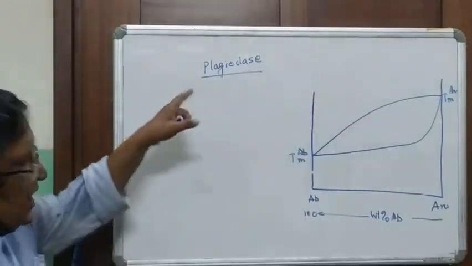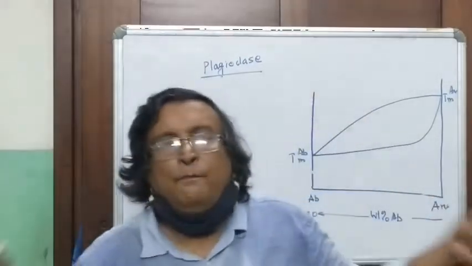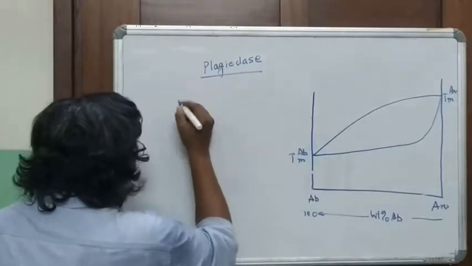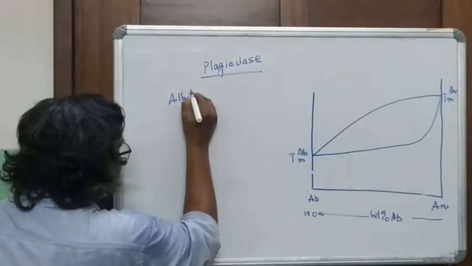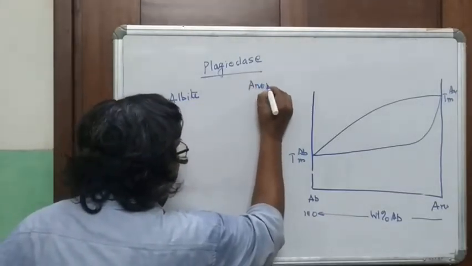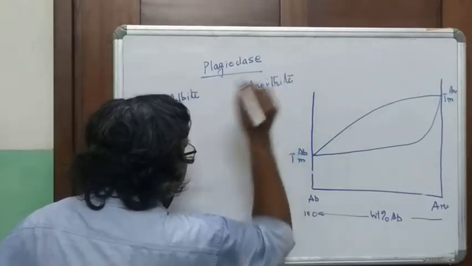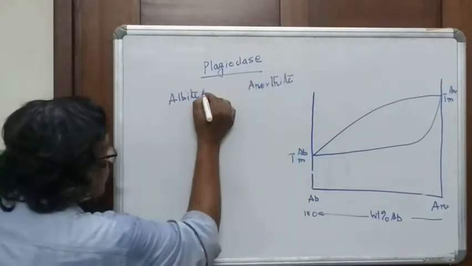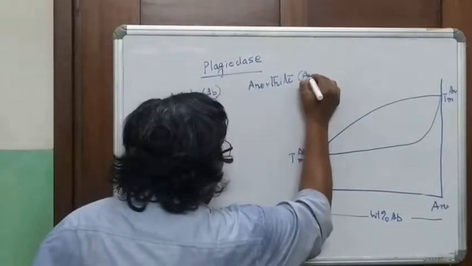The plagioclase mineral phase has two components. One is called albite, and the other one is called anorthite.